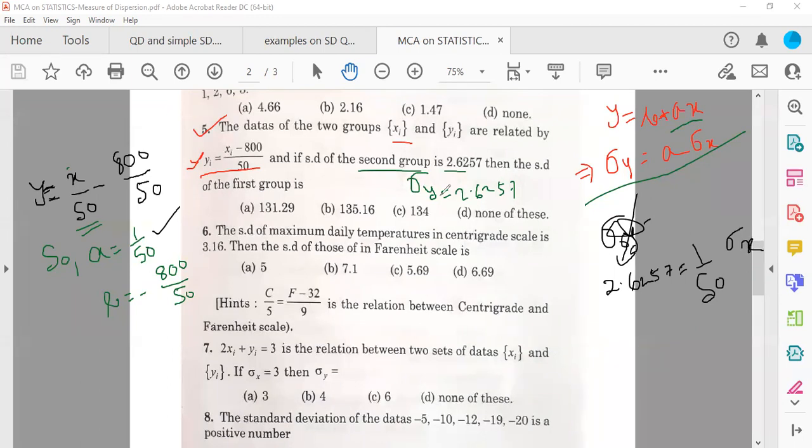So then the SD of the first group, naturally sigma x is 50 into this, that implies sigma x equal to 50 into this. Either multiplication. So the SD of the first group will be either this or this, because we have to see by multiplying 15 into 2.6. In the options, just multiplying and checking, the answer is in the options. I hope the application of the formula is clear.